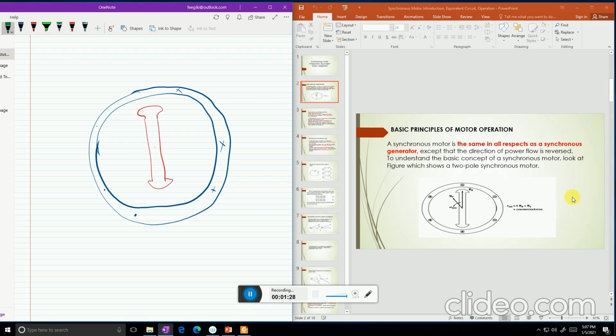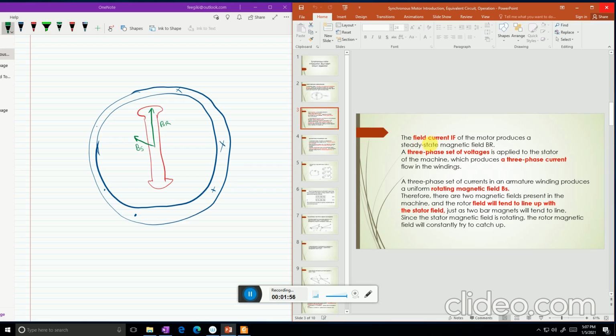The rotor has its own magnetic field, which is BR, and the stator has its own magnetic field, which is generated by BS. So this is the two-pole synchronous motor phasor diagram of the magnetic fields.